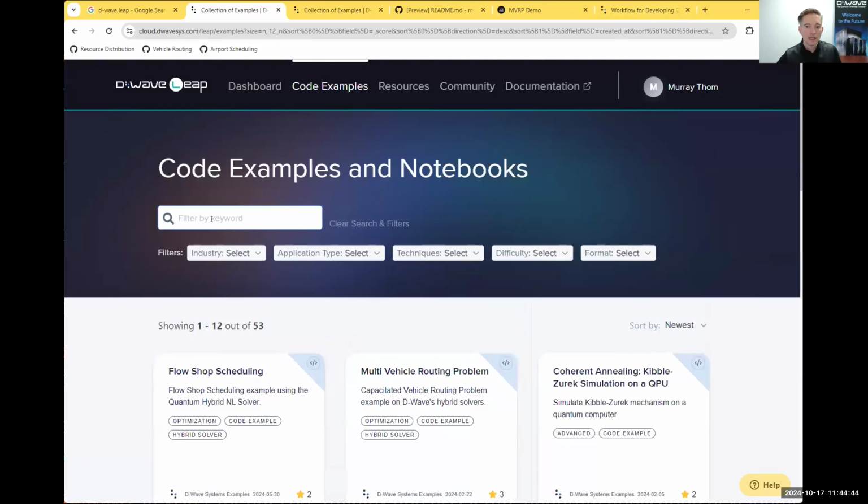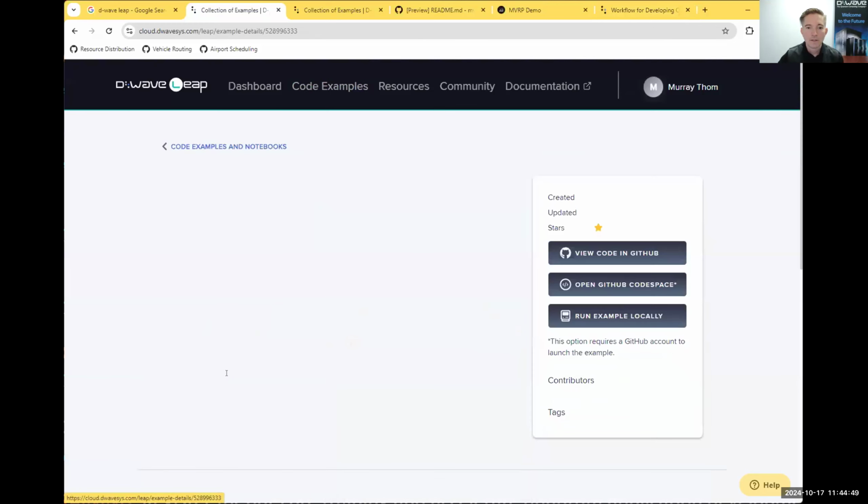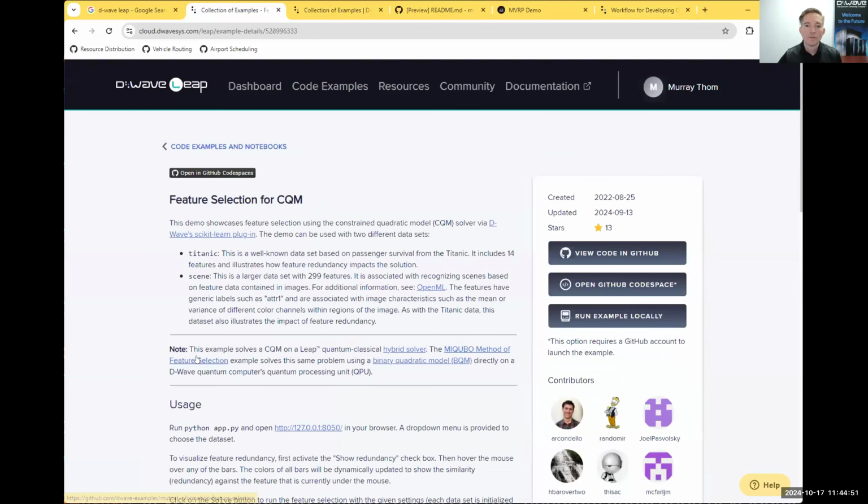So if I go back to these code examples and search for feature selection, there's an example that you can look at right here. We've got a scikit-learn plugin, which allows you to basically incorporate this. So if you're building predictive machine learning models, which incorporate feature selection as part of that workflow, you can immediately quantum hybridize it very quickly. So that's relatively turnkey for folks who are building their own machine learning models.